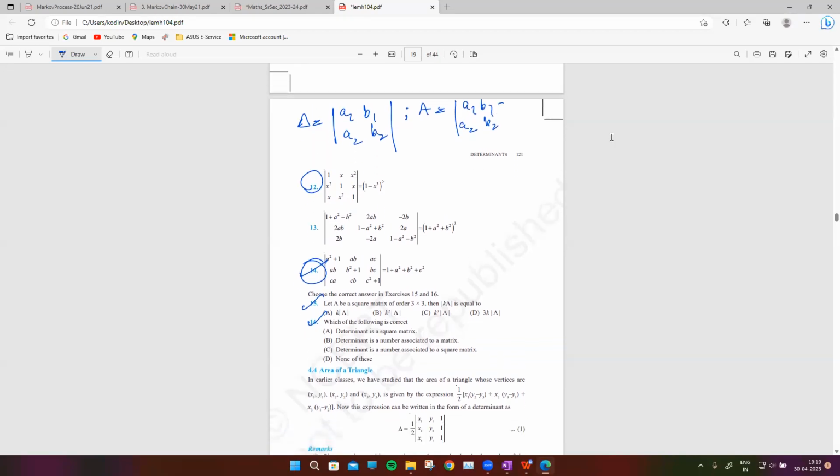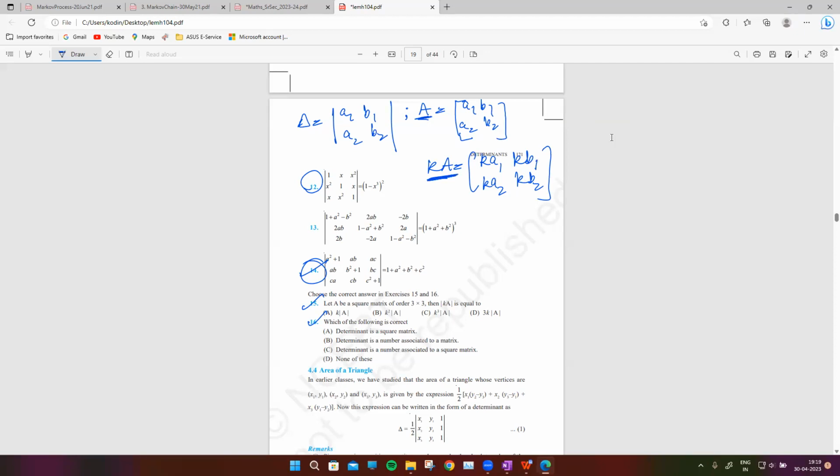And the determinant of this matrix A is delta. Now what I'm doing is I'm multiplying this matrix with some constant K. So the matrix will become K times A1, K times B1, K times A2, K times B2. I want to find out the determinant of this matrix. I know the determinant of this. I want to find out the determinant of this in terms of delta.